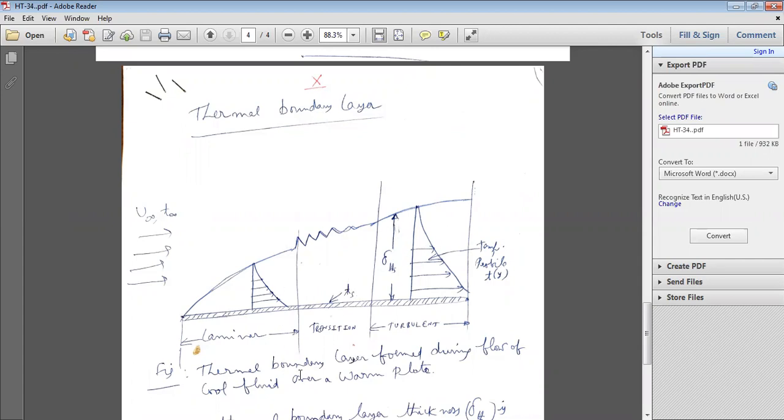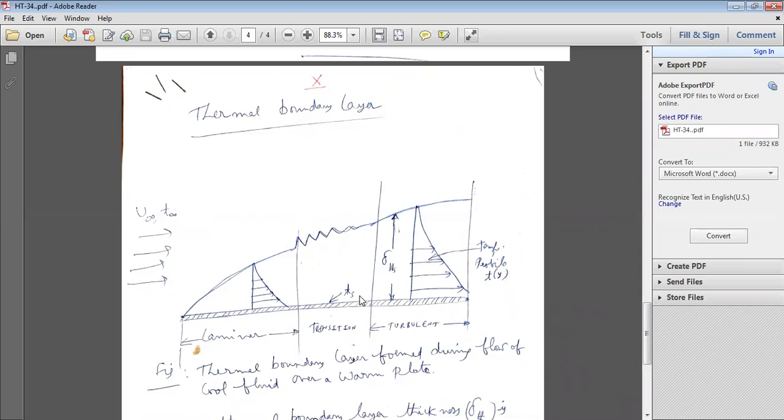This diagram gives us the thermal boundary layer formed during the flow of cool fluid or air over a warm plate, a heated plate.